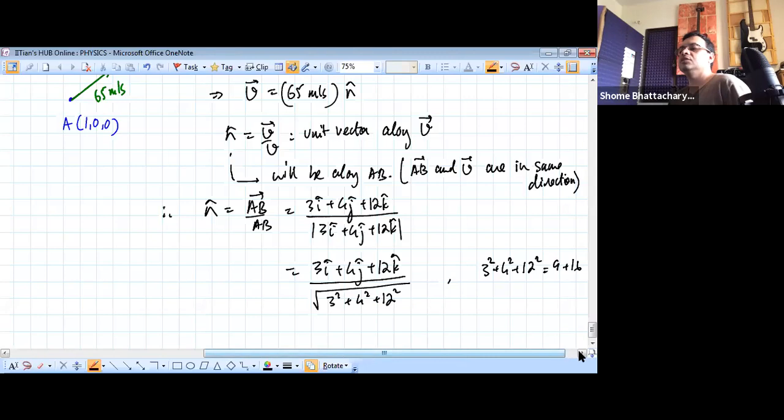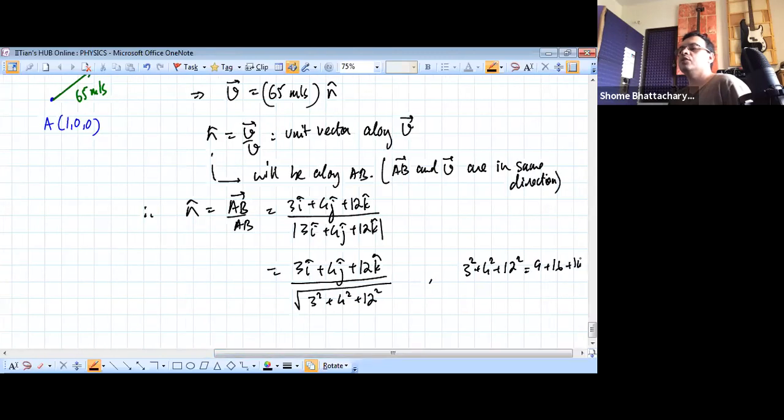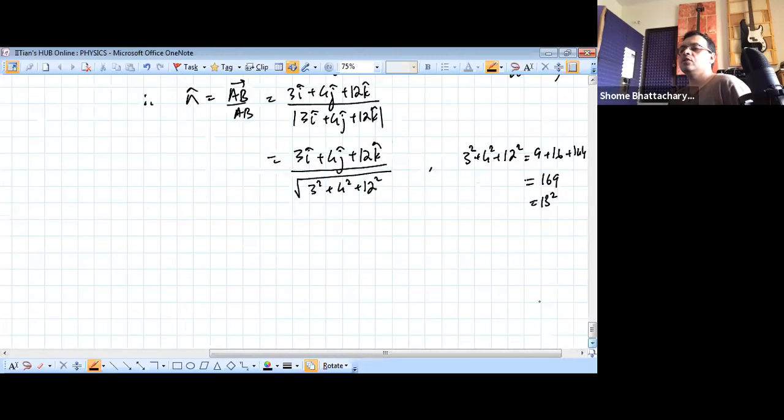So 9 plus 16 is 25, plus 144, that gives you 169. This is nothing but 13 square. So with that knowledge, we know that this will become 3i cap plus 4j cap plus 12k cap divided by 13.